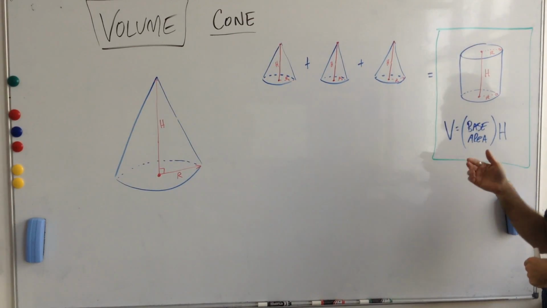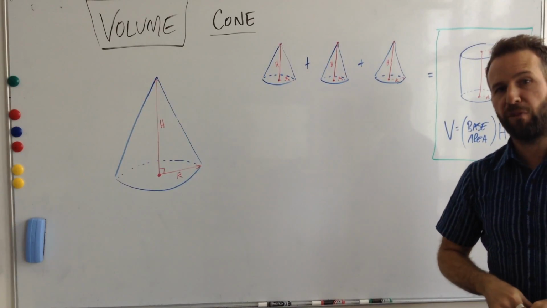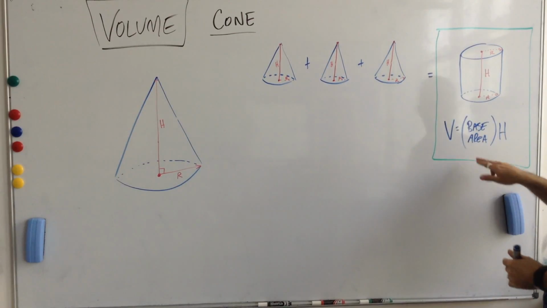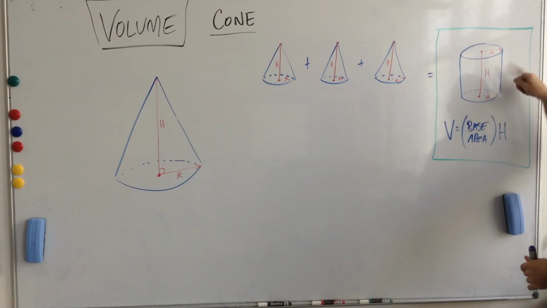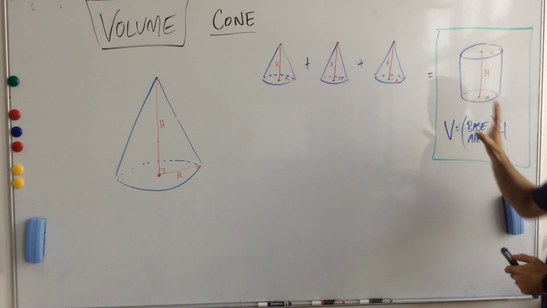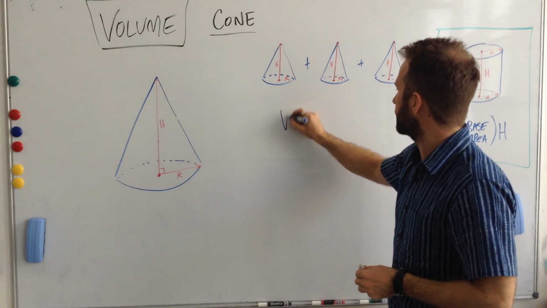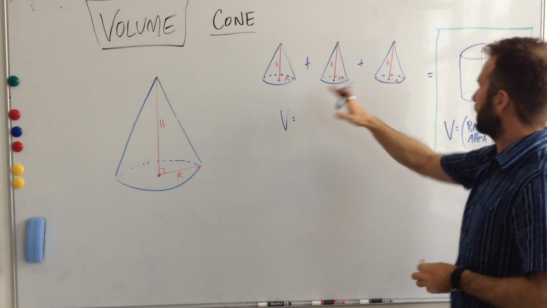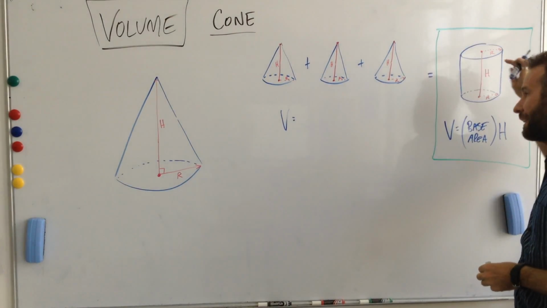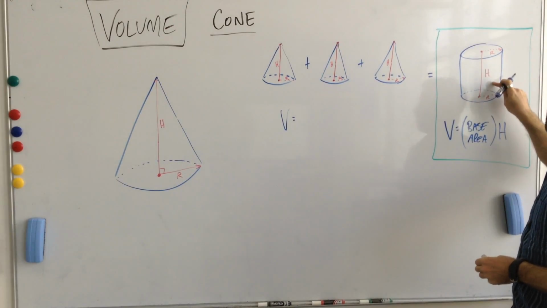So we know from the formula for the volume of a cylinder that it's simply the base area multiplied by big H. So we're doing the same type of thing as we did for the square pyramid, where the volume of one of these must be exactly a third of the volume of this.